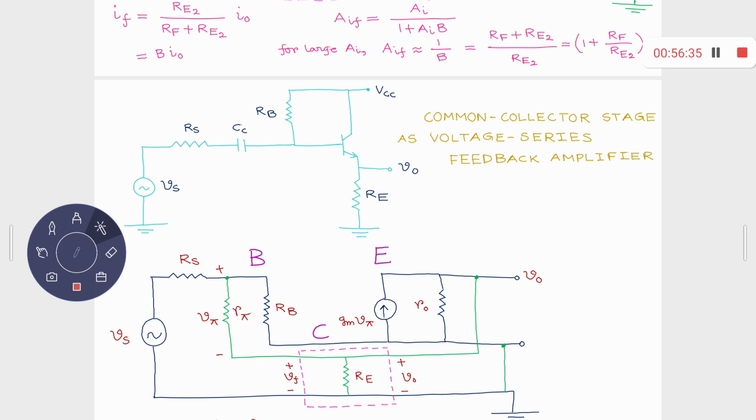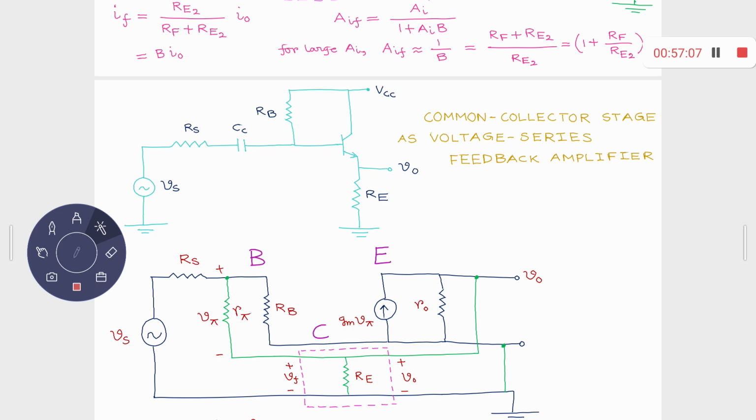Between collector and emitter, you have this gm pi voltage dependent current source, and take a look at the direction: from the collector terminal to the emitter terminal, that's upwards, not downwards. Let's assume the collector is AC ground; we'll prove it. Between collector and emitter, you have some RO.